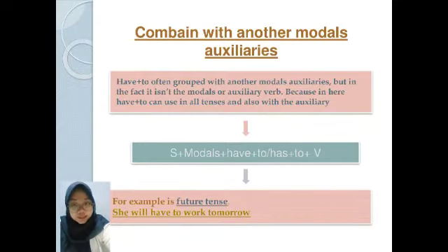For example, in the simple future tense: she will have to work tomorrow. She is the subject and will is another auxiliary verb, and then have to, and then verb and then complement.